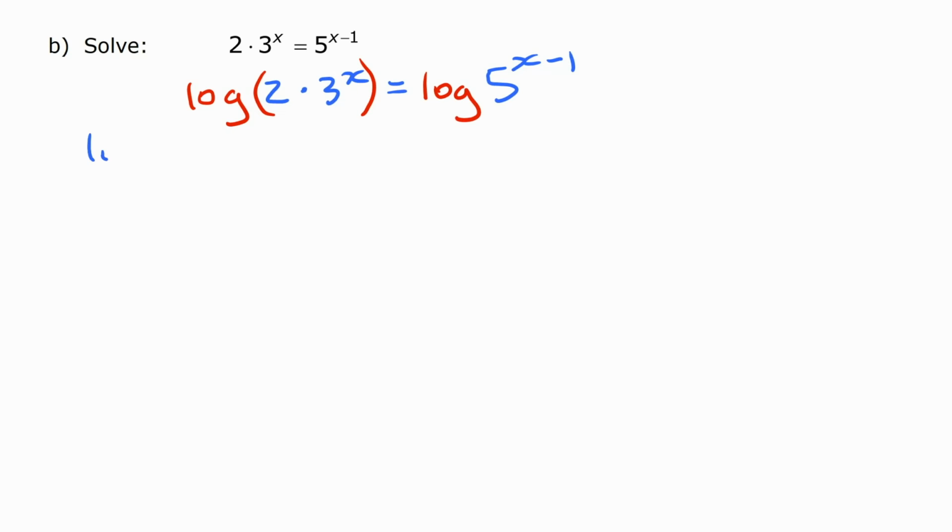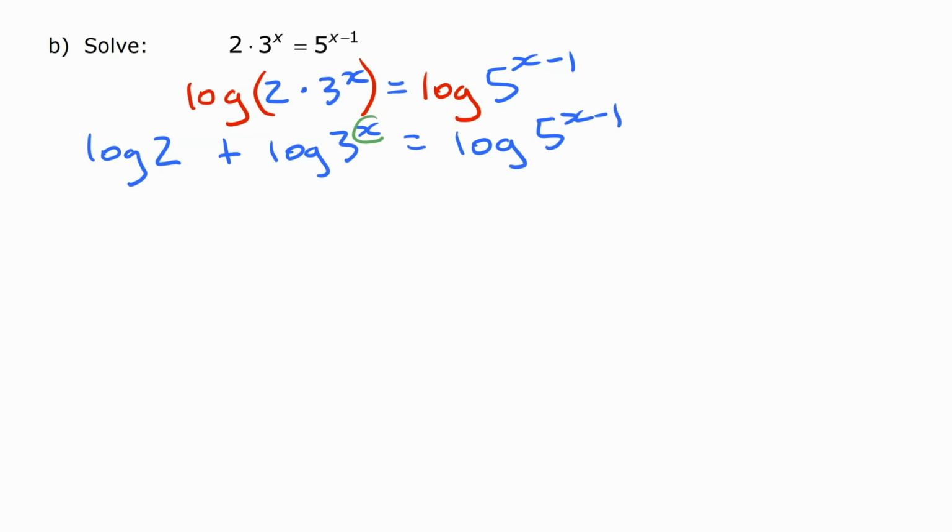We can just write that as logarithm of 2 plus logarithm of 3 to the x, because the logarithm of that product is like the sum of the two individual logarithms. And on the other side, logarithm of 5 to the x minus 1.